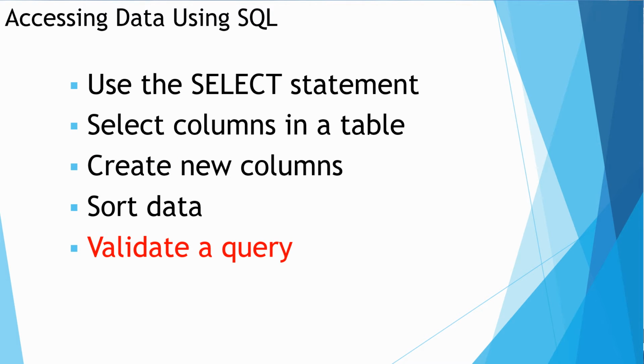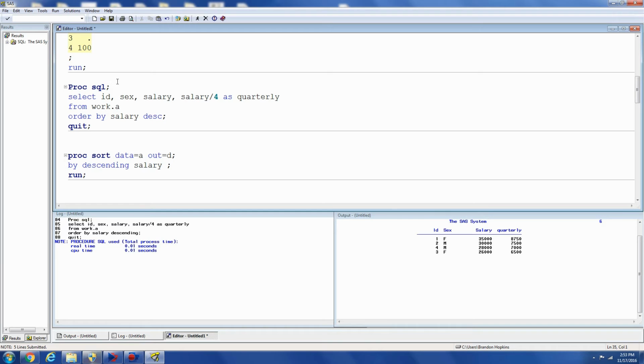The last thing I want to talk about is validating a query. So there's two things you could use to validate a query. One of them is at the top of the step. You can use the keyword noexec, and this will not run the procedure, but it will print any error messages if you made a mistake.